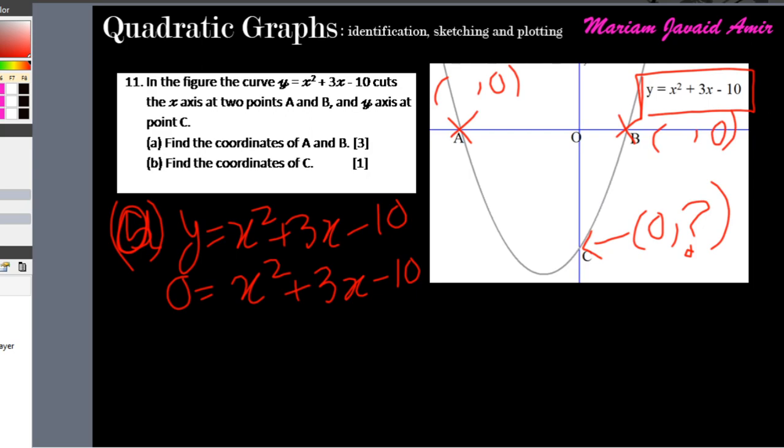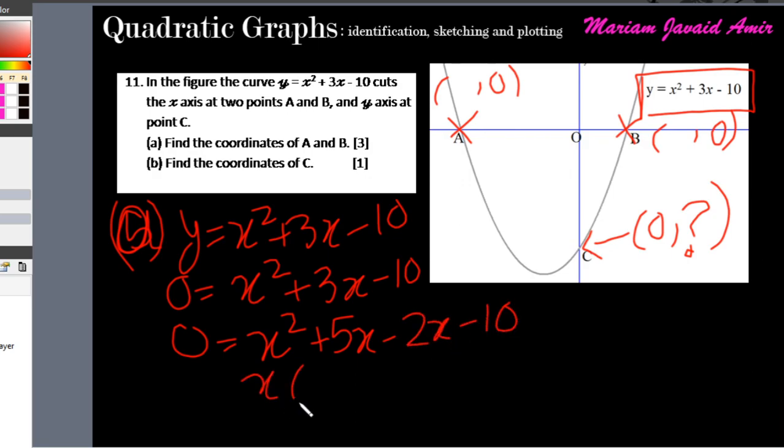We can solve it by factorizing it. So the factors become 0 equals x squared plus 5x minus 2x minus 10. x is common in the first two, x plus 5, then minus 2 is common and x plus 5 equals 0.